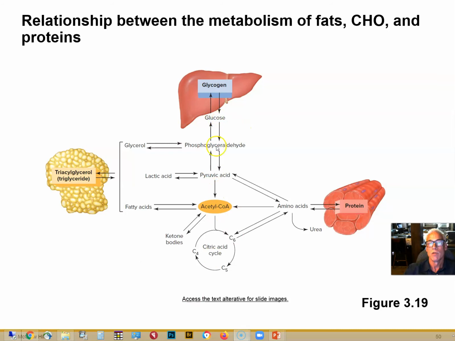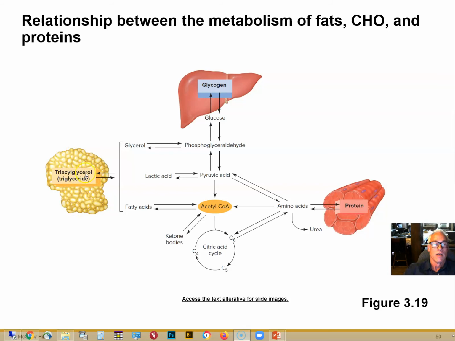The cell's going to take up glucose, phosphorylate it, run it through glycolysis, right? When you take a glucose and produce pyruvic acid, we should have maybe a circle around this indicating we're talking about glycolysis. And then finally, if we are able to do aerobic respiration, we'll take the pyruvic acid, convert it to acetyl-CoA, and bring it into the mitochondria and run it through the Krebs cycle. And we haven't talked about what happens after that, but we will.